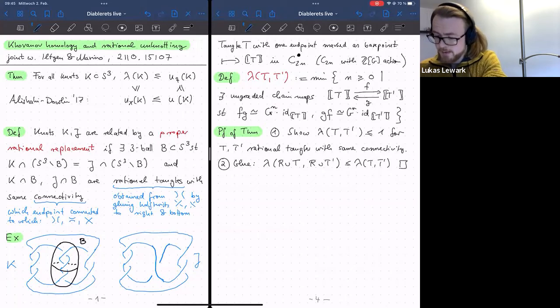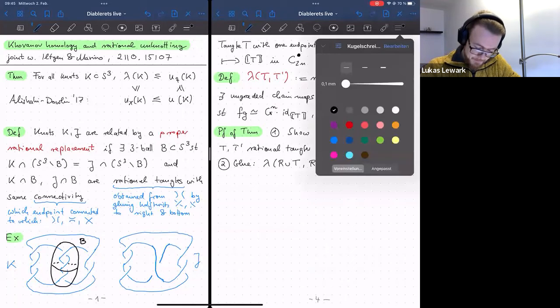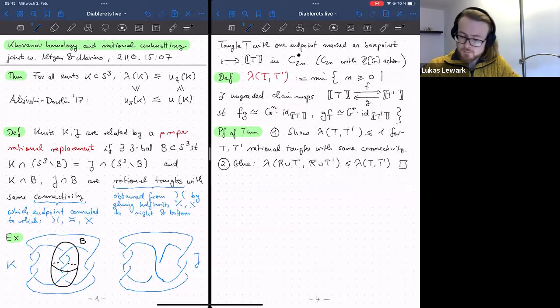All right, then, I can tell you a little bit more. Let me give you an example of this first computation, that lambda of T T prime is less or equal than 1 for rational tangles.